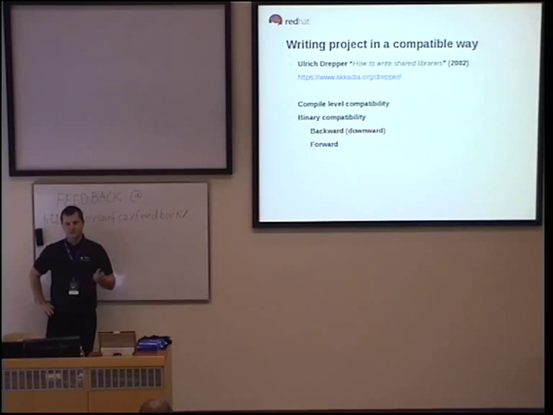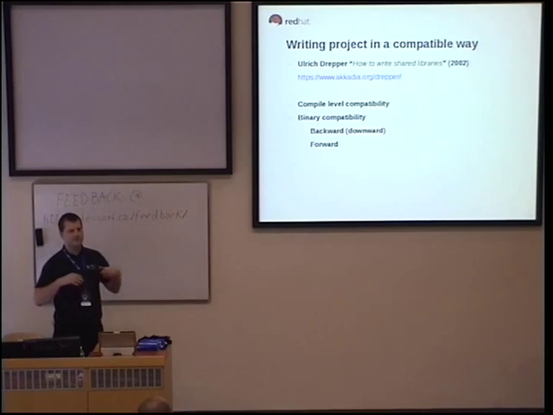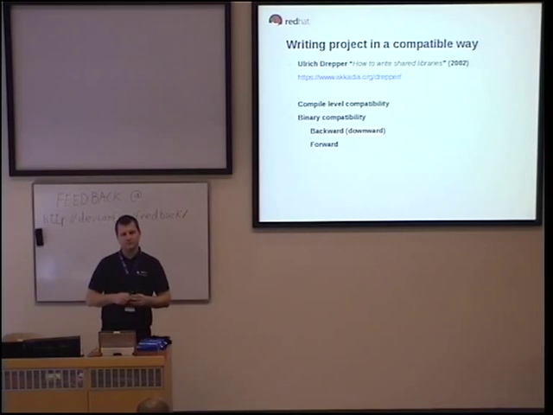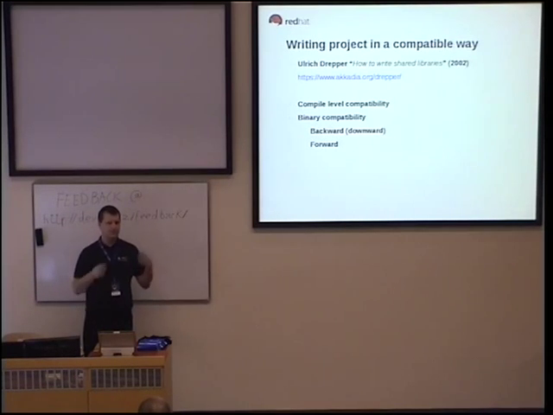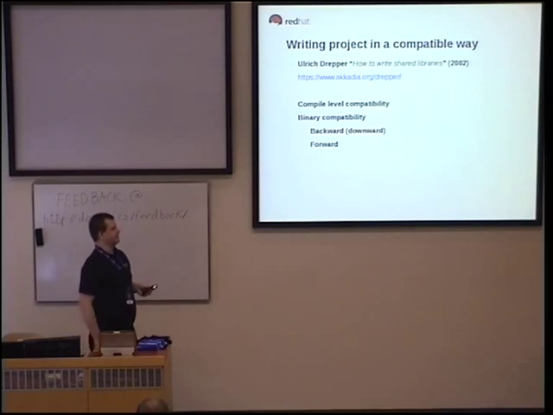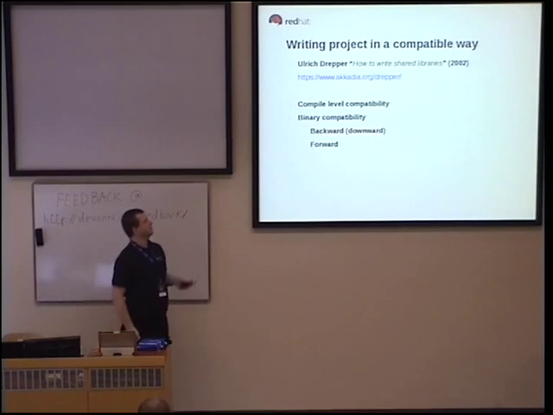But I will mention what we do for compatibility. One take on that is that you want to be compatible on the compile level. So you provide some header files, functions, structures, and you want to maintain compatibility on the compile level. This is relatively easy compared with the two other points.